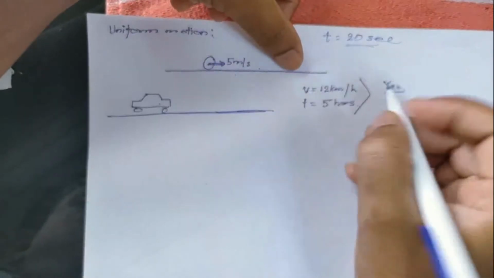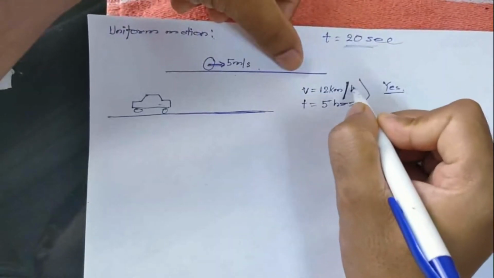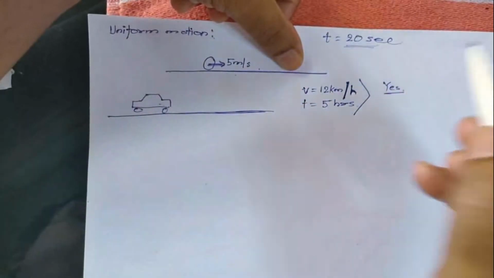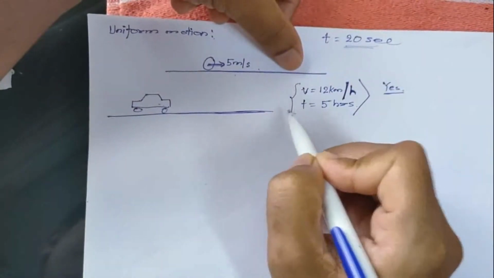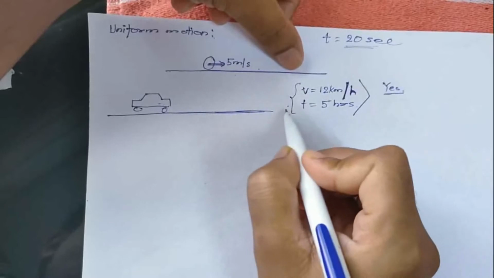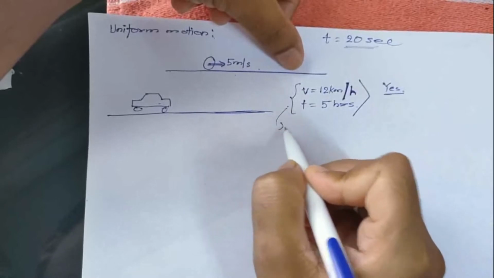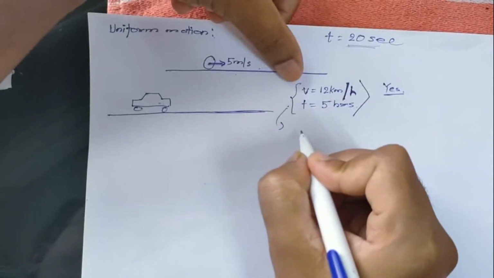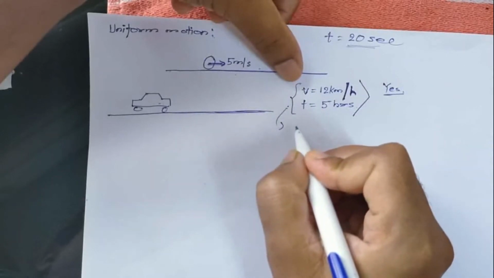But this per unit time should be as small as possible, I would say. So in this particular example, we should preferably take speed with per unit time in terms of second.